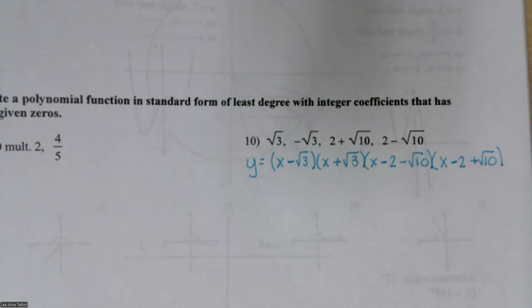Okay, now strategy. These two are conjugates, so you want to do a 2 by 2 with those first or second. It doesn't matter first or second, but separately. Then you want to do a 3 by 3 for these. Since they're conjugates, you don't have to do the whole thing for either one, and then do a box at the end to multiply them together.